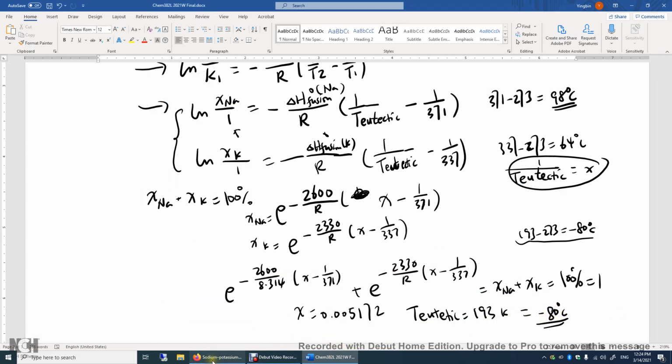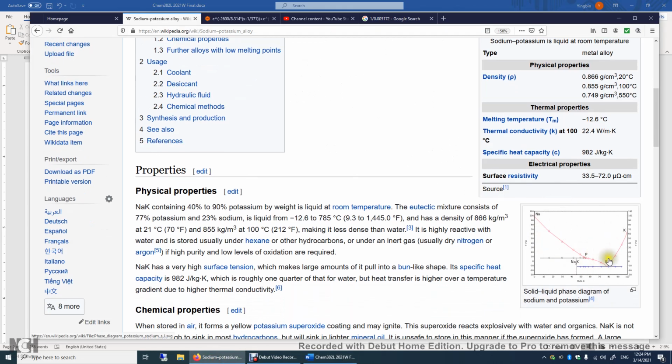There's such a big difference because over here you can see, if you look at the sodium potassium phase diagram, well, one, it's not really an ideal solution, and two, it's not a simple binary phase. You have a sodium potassium co-crystal being formed in the middle. So when you have 50% sodium and 50% potassium, they may form a new solid phase.